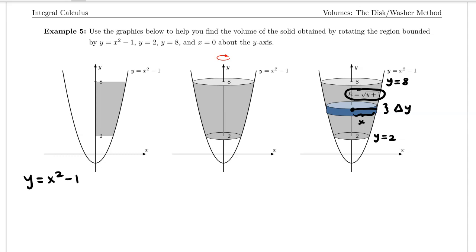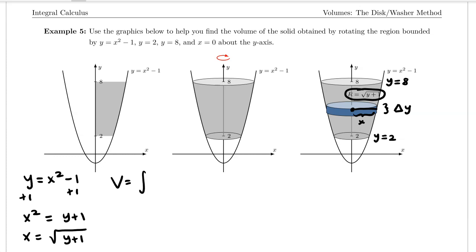So I'm going to go ahead and solve my equation for x by adding 1 to both sides. We get x squared is equal to y plus 1, and then if I take the square root of both sides, I get x is equal to the square root of y plus 1, and we could put plus or minus, but we want the positive value there.